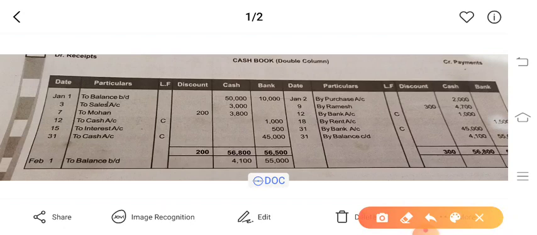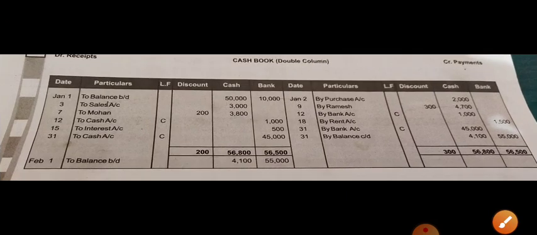So we'll write on the credit side by rent and amount bank column 1,500. Correct, students?